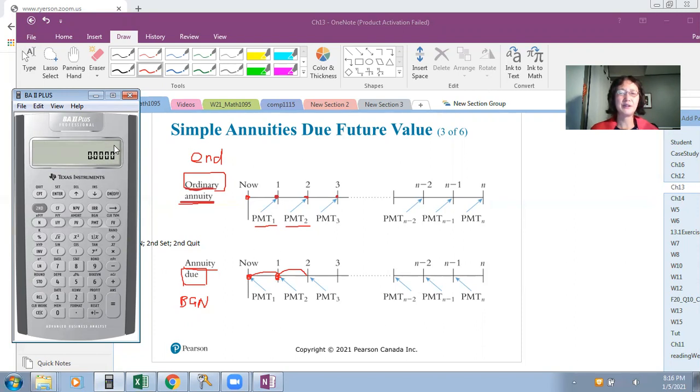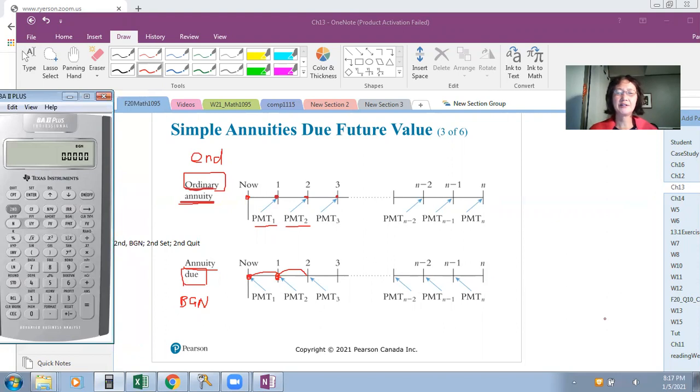The begin disappeared. If you repeat yourself again, second, begin, second, set, second, quit, you see the begin mode again. So it is on and off. This is the calculator.